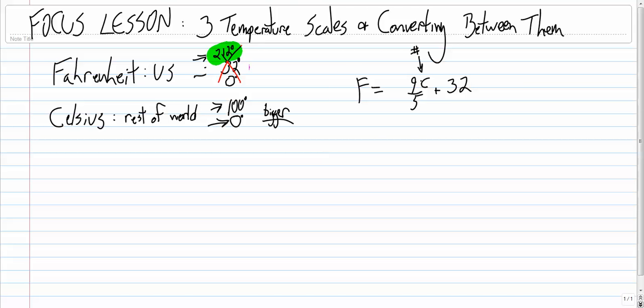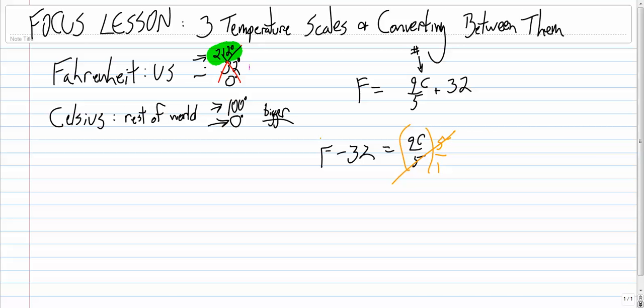So let's see. Could we get C by itself? Yeah, we could. We would subtract 32 from each side. So let's actually do this. F minus 32 equals 9C over 5. Let's get rid of this divided by 5 here. We'll multiply by 5.